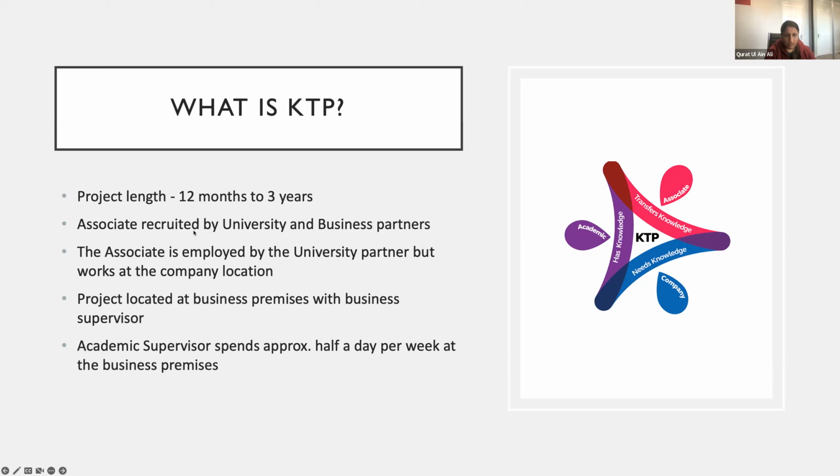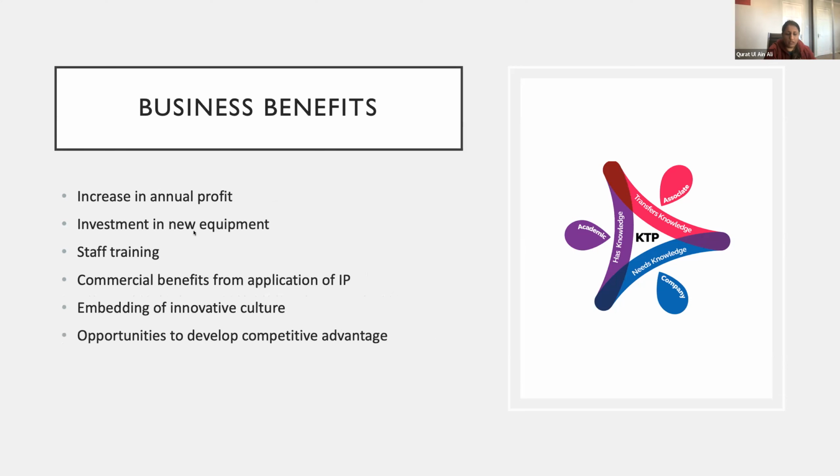So that's the breakdown of the time that the academic supervisor is going to give to the project. But you'll be mostly interacting with the team at the company. Why I have added these business benefits here: you as a person are just going to apply, so it's important to know what benefits the business would get from the project, so that when you're applying, you're more aware.